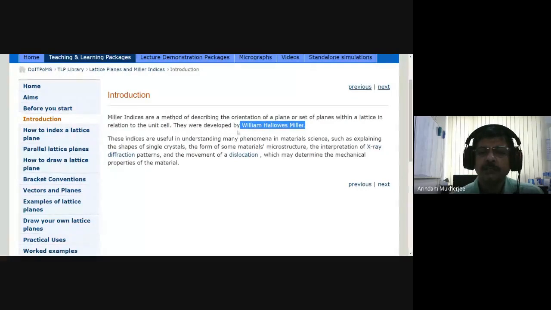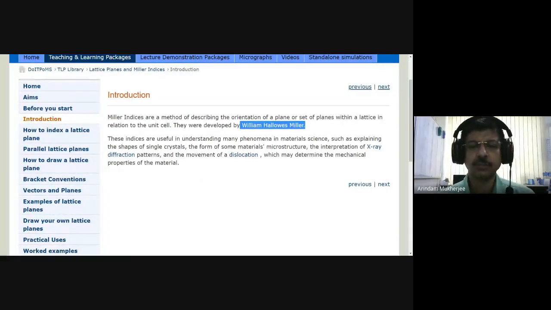Miller indices was given by William Hallowes Miller. What he did, as we are going to see in a while, was use the Cartesian axes, give the names ABC to XYZ, and use a reciprocal method to always get whole numbers like integers, which are very easy to define. This pattern is now used even in instruments like XRD instruments, for example.